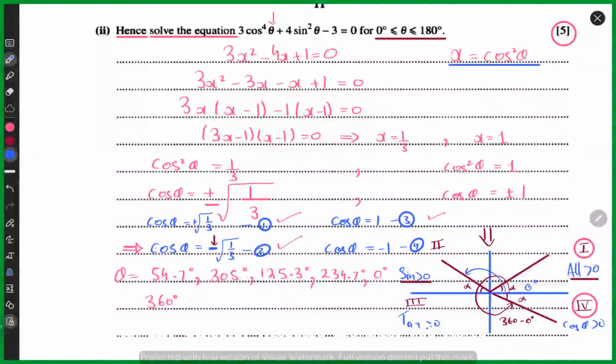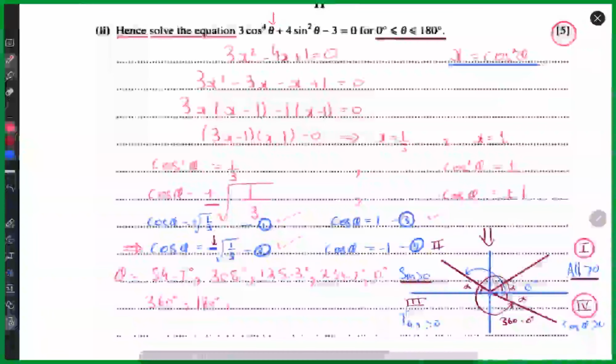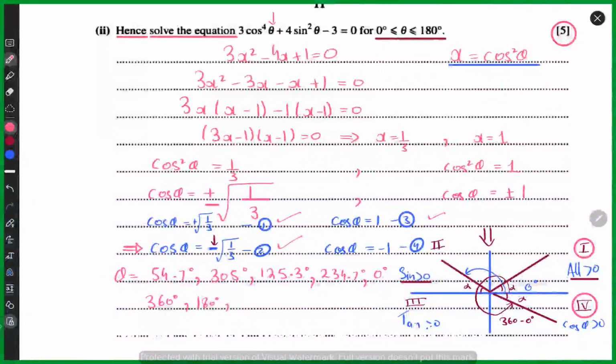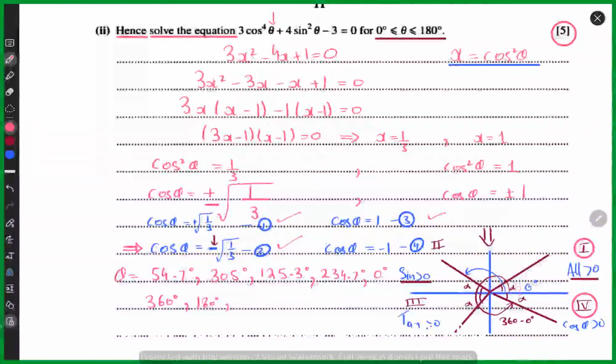So it would be 180 minus alpha. Alpha is 0, so it is going to be 180 degrees. For the third quadrant, this is the line, and the alpha is the same. I'll start from here, go all the way there, and stop at this point. So it would be 180 plus alpha, and that again is 180. There's no point in writing 180 twice, or even you can write it down for now. These are all my thetas.